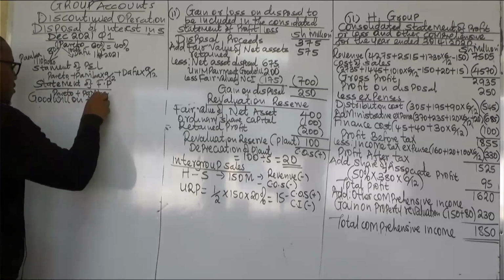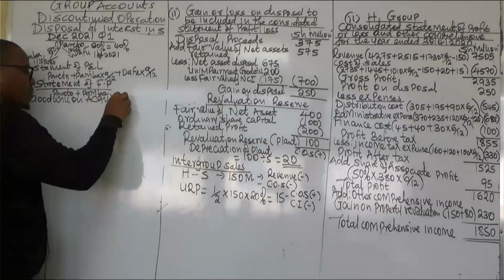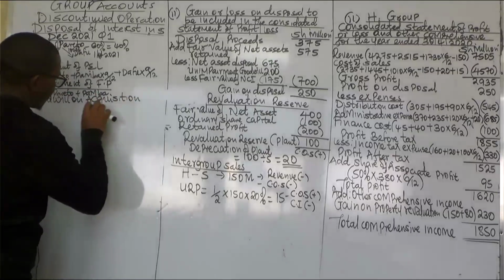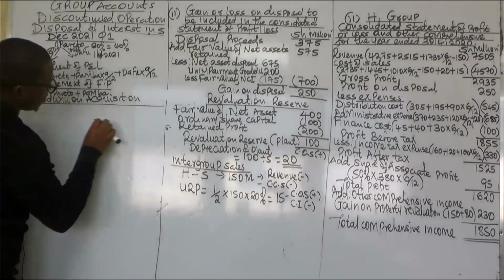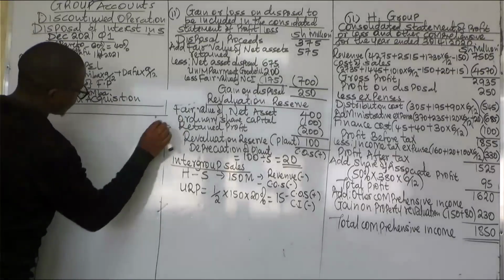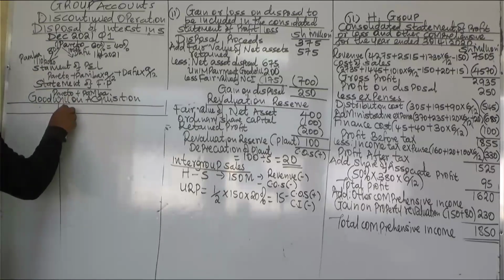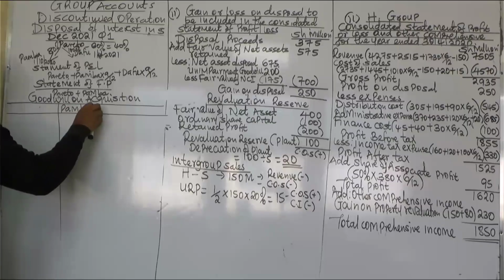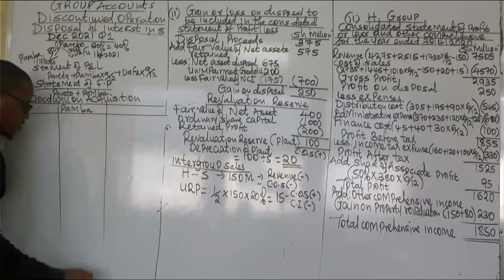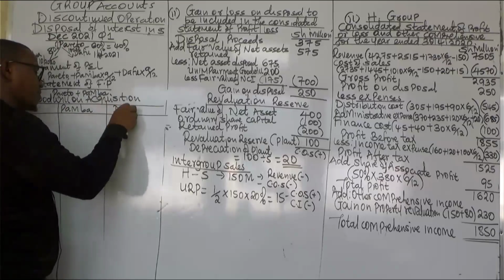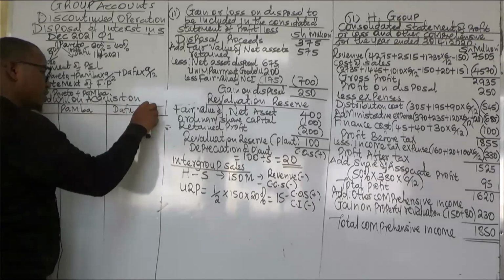On acquisition. Goodwill on acquisition. So goodwill on acquisition we have for what? We have for when he acquired Pamba Limited, and he also had acquired Darfur Limited.